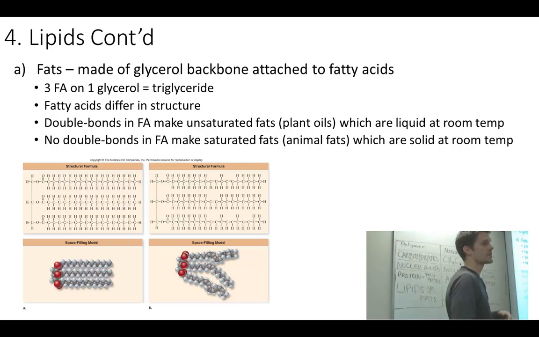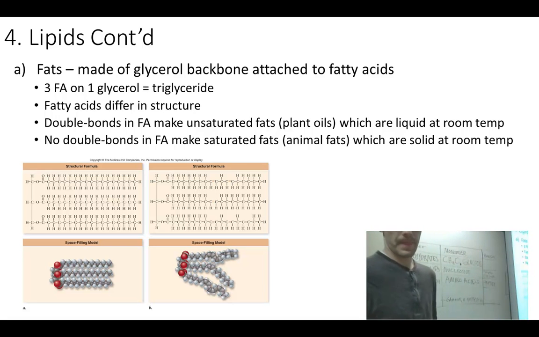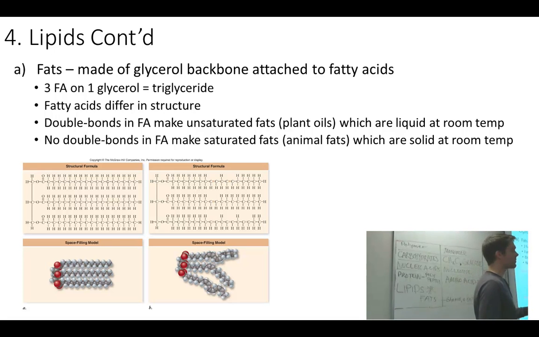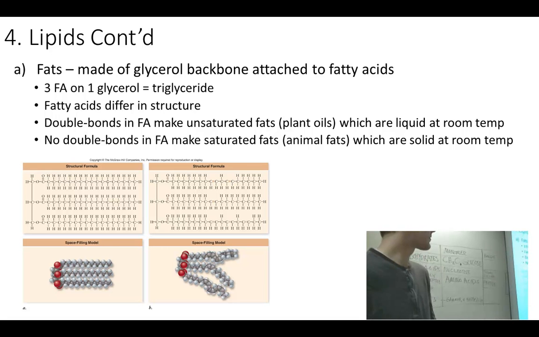So those are going to be mostly your vegetable oils and other oils. Okay, these are not very good for you if you eat too many. These seem to be a lot better for you as far as eating.